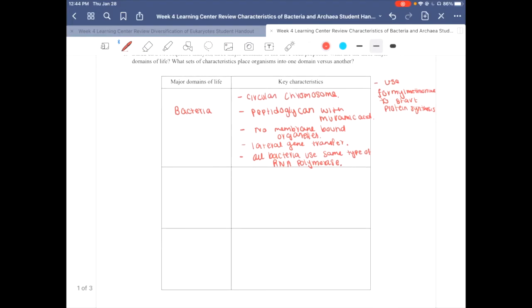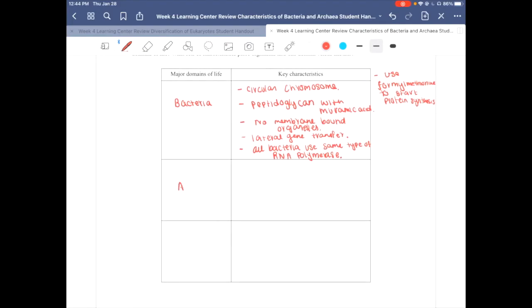Okay, let's look at Archaea. So unlike bacteria, Archaea do not have peptidoglycan or muramic acid.